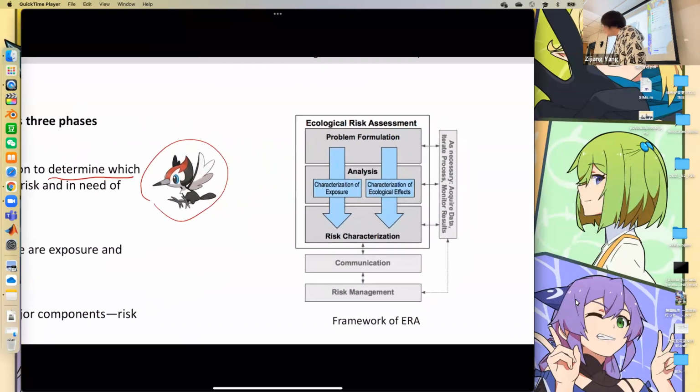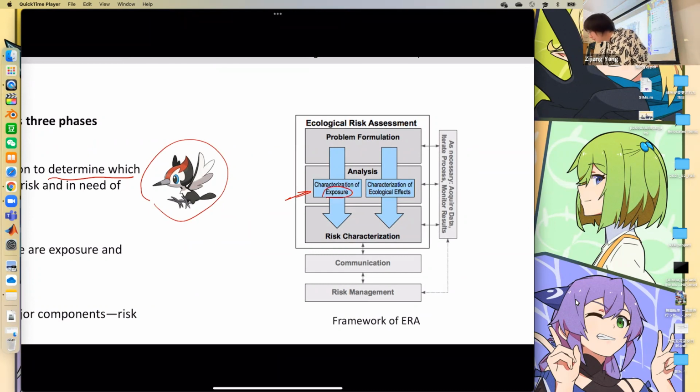Then we have another phase, which is analysis. During the analysis phase, we are doing 2 things. We want to characterize the exposure, to estimate or monitor the concentration of the pollutants in the environment.